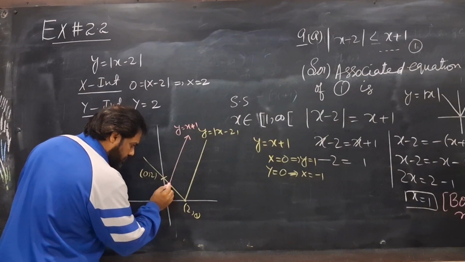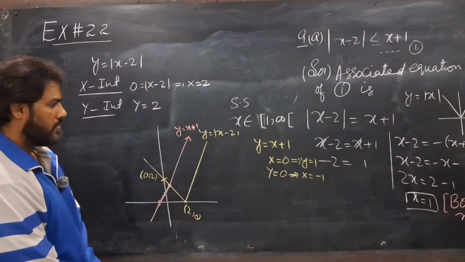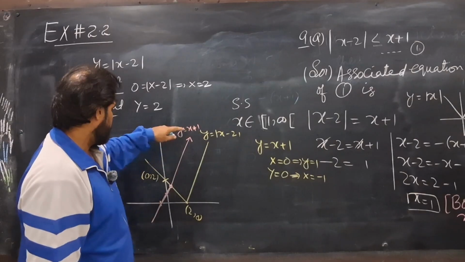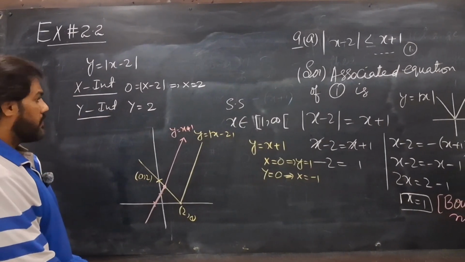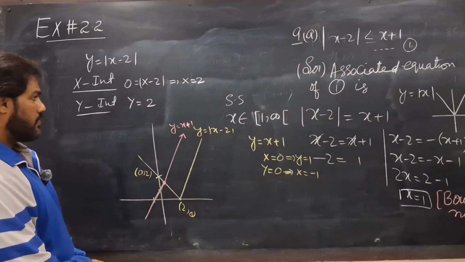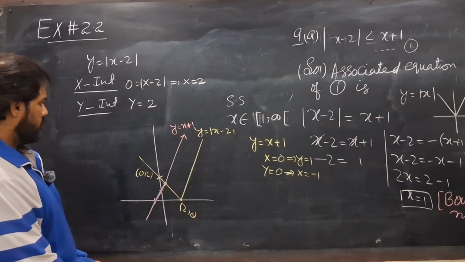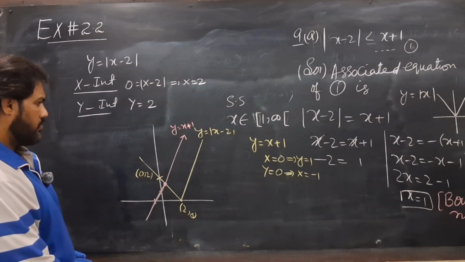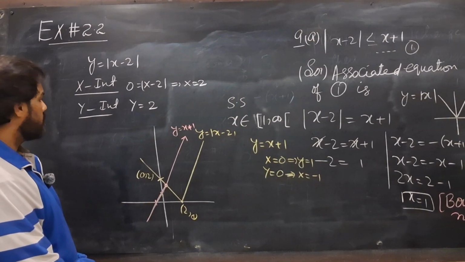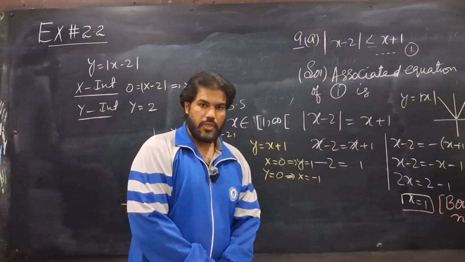This is the point of intersection, and this point is actually when you put x in this boundary number x is equal to 1 here, sorry, I have done some mistake here.